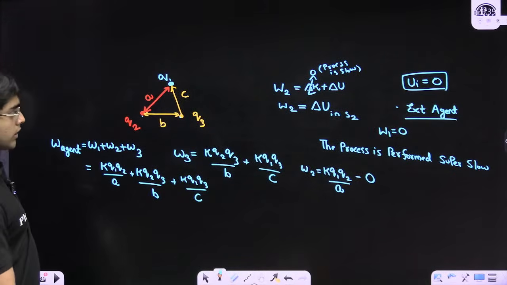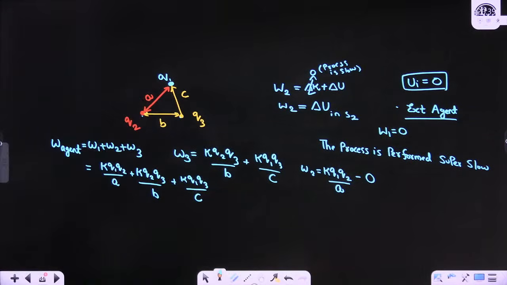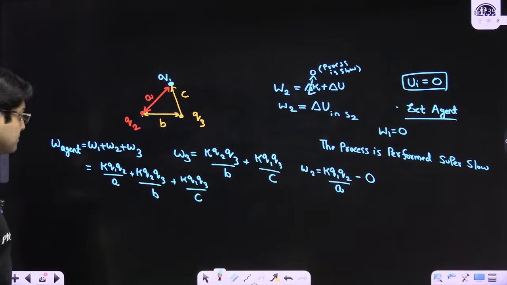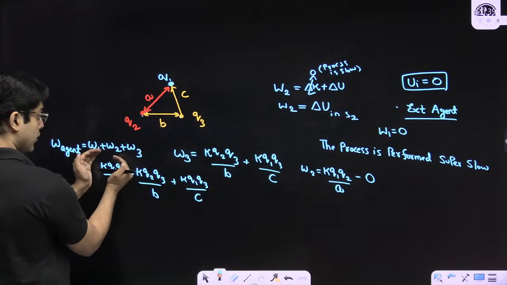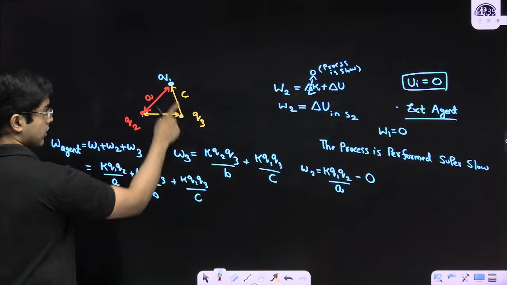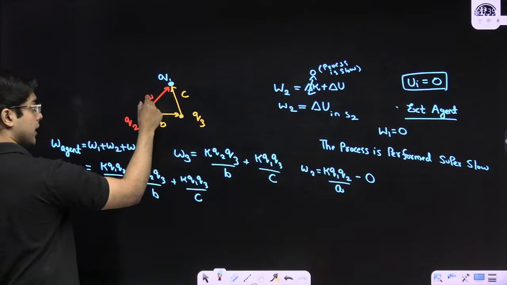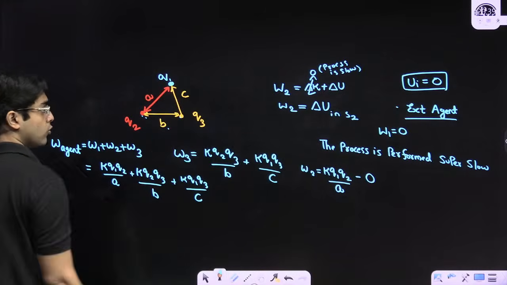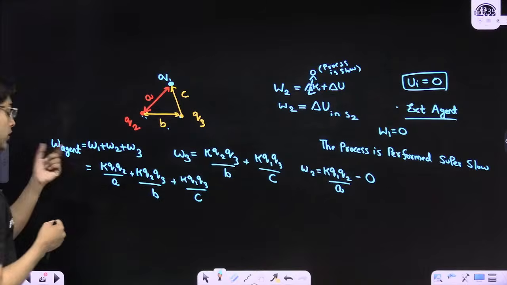Initially these charges were at infinity. Now they are at these three positions, and the work done by the agent in building this is given by this formula. This is pretty easy to remember. It's the potential energy contribution due to Q1 and Q2, plus Q2 and Q3, and Q1 and Q3, right? Due to Q1 and Q2 it will be K Q1 Q2 by distance. Here it will be K Q2 Q3 by B and here it will be K Q1 Q3 by C. Then just add them up. That is your work done by the agent.